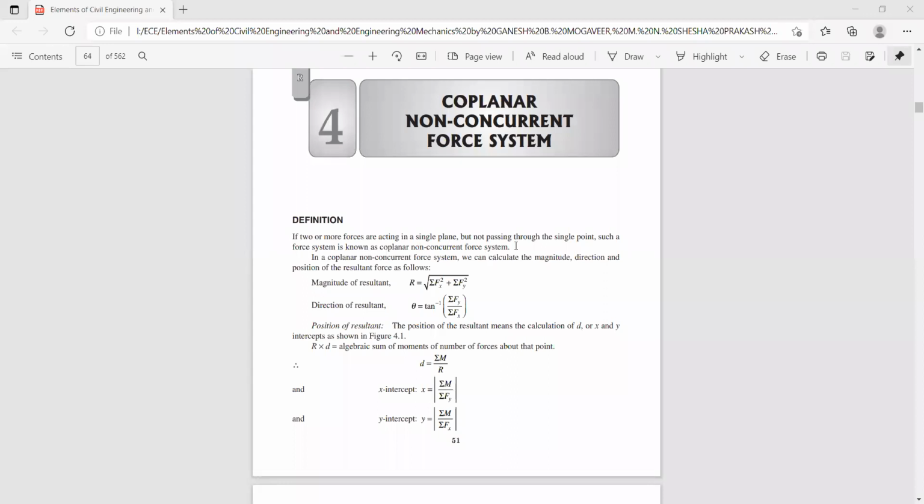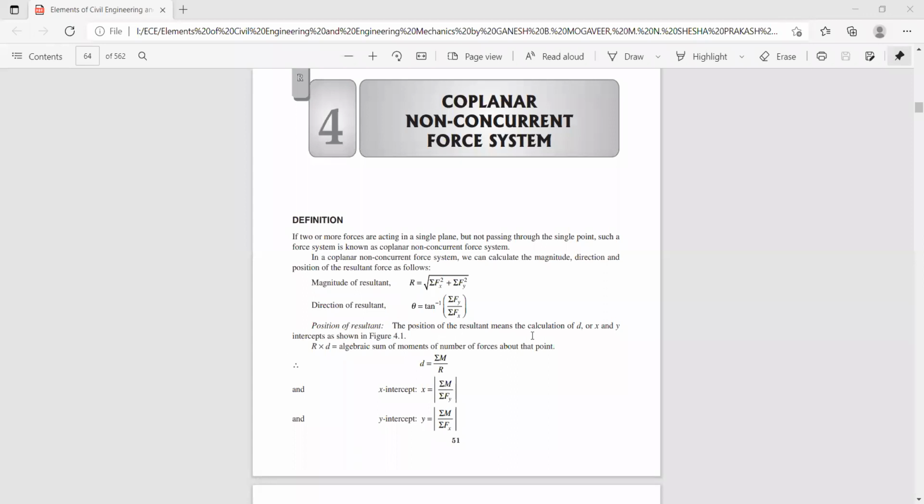Under coplanar non-concurrent force system, we need to find the magnitude of the resultant, the direction of the resultant, and also the position of the resultant. In the earlier case, the coplanar concurrent force system, we needed to find only the magnitude and direction of the resultant. But with a coplanar non-concurrent force system, along with that, we need to find the position of the resultant.